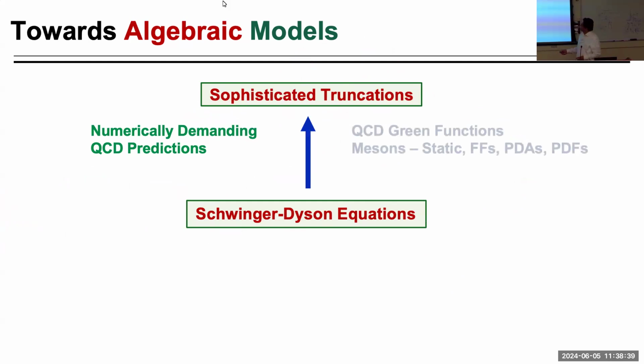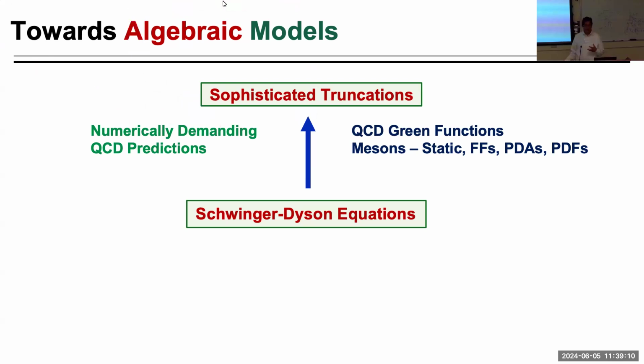When we study these things, one of the ways you can do it is what I call sophisticated truncations, which means you can make a lot of elaborate truncations of your Green functions using most of the symmetries that you can use, conditions from multiplicative renormalizability, conditions from all one-loop calculations of the Green functions when you reach your perturbative domain, etc. That becomes numerically quite demanding.